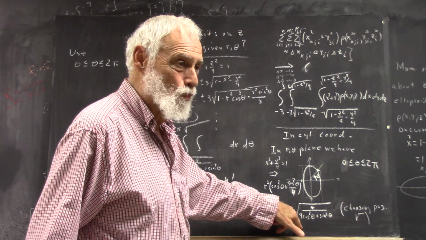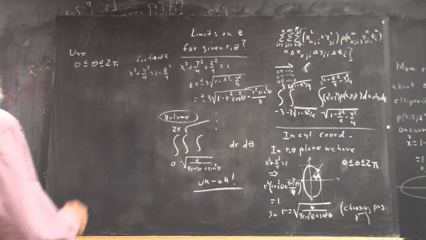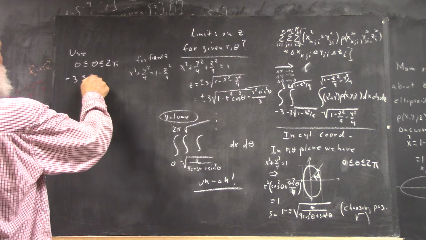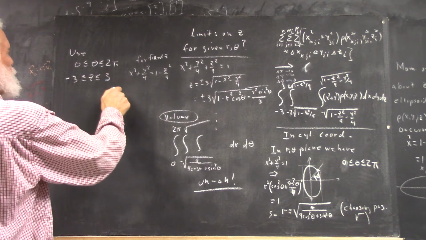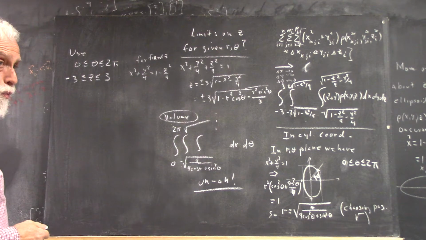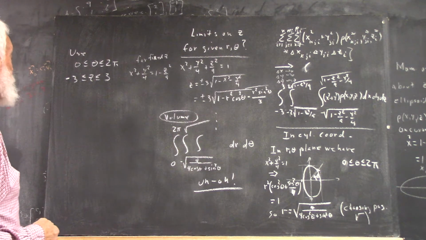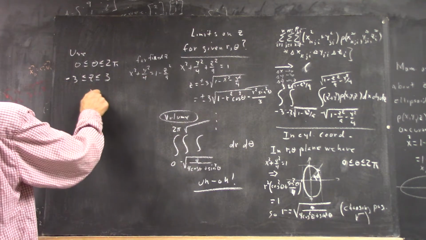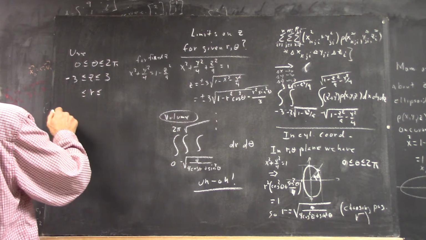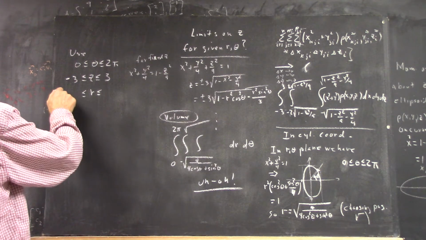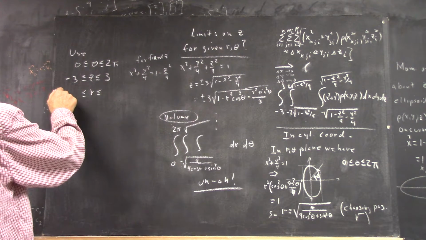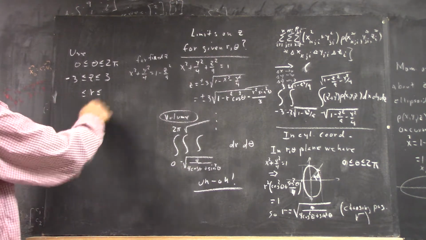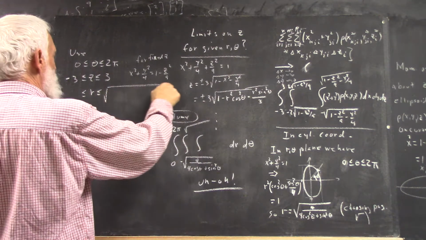Okay? So z is going to get to go from, and then r is going to end up going from, I don't have room to write that one, I'll write the one over here.